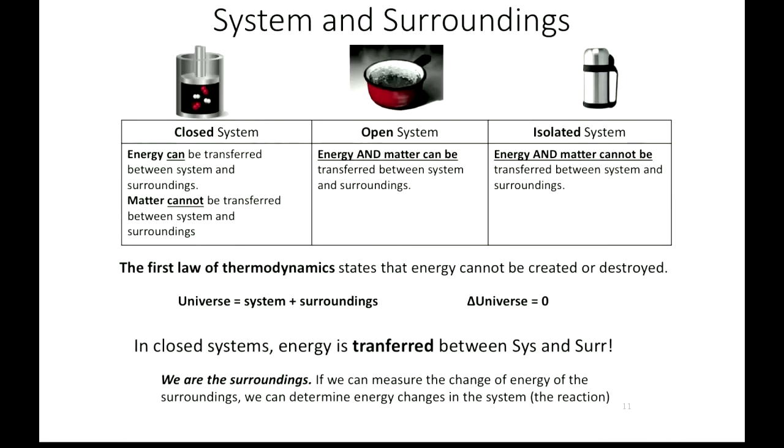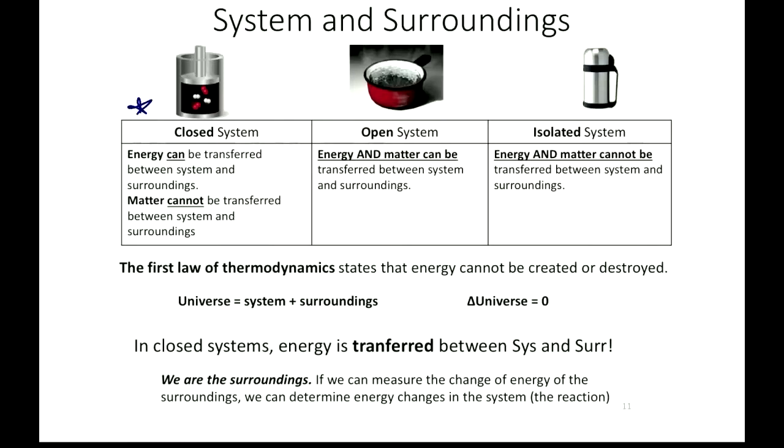A couple of ways we define system and surroundings: how is energy transferred between system and surroundings? How is matter transferred between system and surroundings? We will mainly be concerned with closed systems.